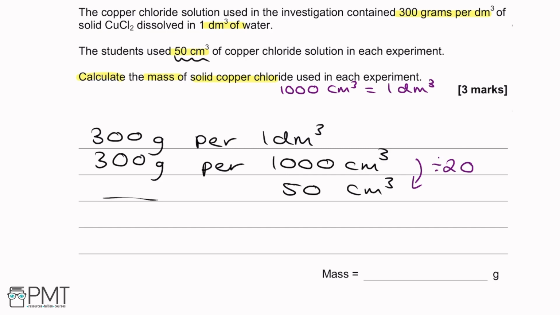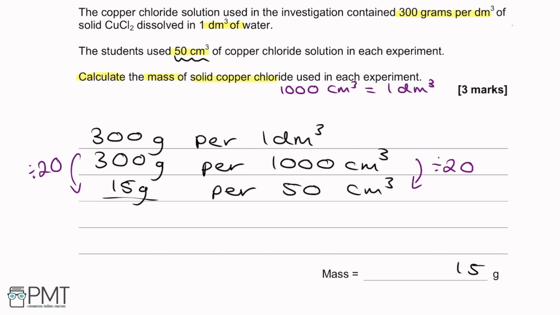So what we've done there to the volume, we now need to do to the mass. So if we do 300 divided by 20, you get 15 grams. So we're saying that there are 15 grams per 50 centimetres cubed. Okay, and that's the correct answer for 3 marks.